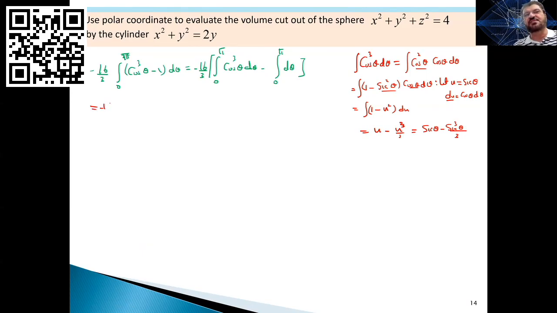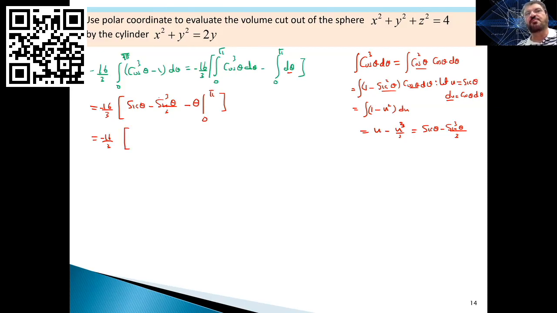So let's go back to my answer. This is negative 16 over 3, open bracket: the integration of this one is sine theta minus sine cube theta over 3, minus the integration of this one, by the way, is theta, and this is from 0 to pi. What do we do now? This is negative 16 over 3.